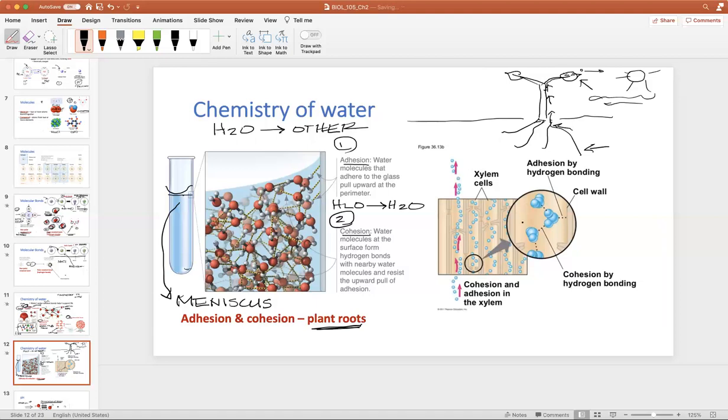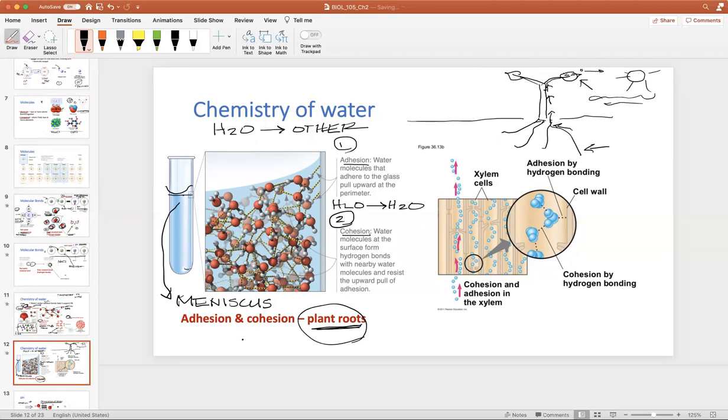The other thing that helps this process along is that as the water is pulled up these xylem tubes, the water molecules adhere to the side of the tubes via adhesion. So this is how plants are able to defy gravity and transport water up through a plant without the benefit of any kind of pump.